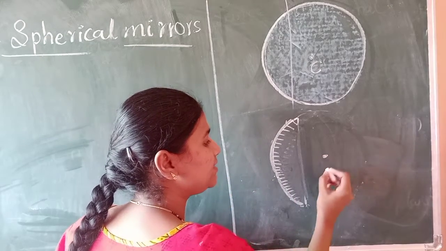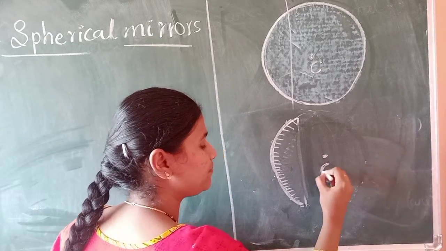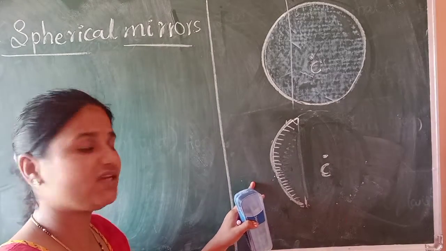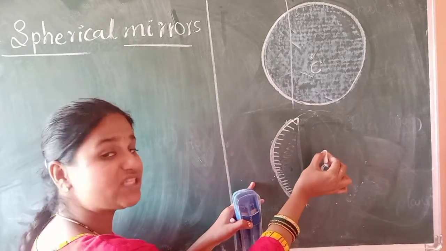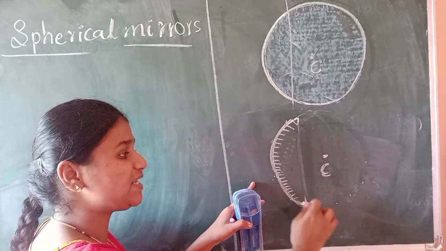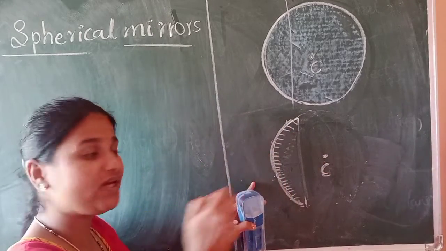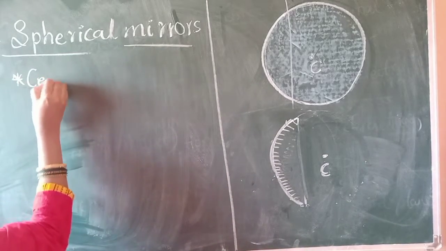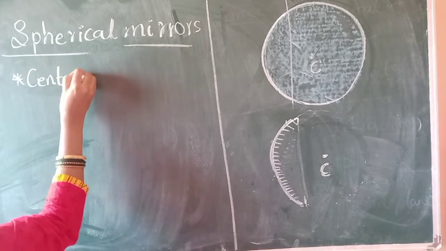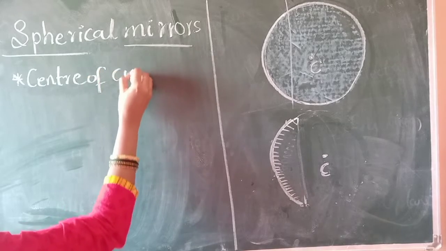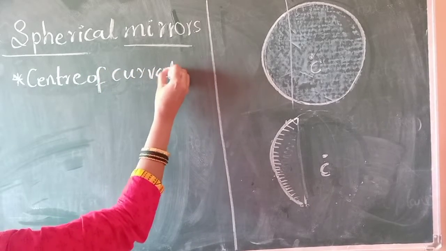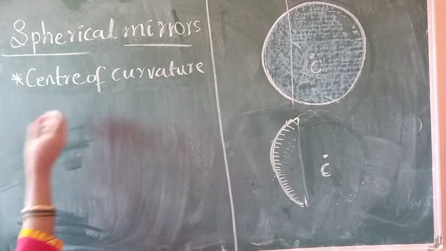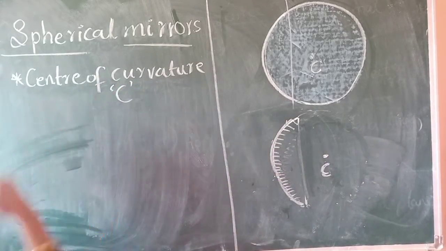This center we can name C. In terms of a spherical mirror, this center of the sphere from which the spherical surface has been derived is called the center of curvature. So the first term we are going to learn is the center of curvature. It is the center of a sphere from which the surface has been detached or derived. It is denoted by the letter C.